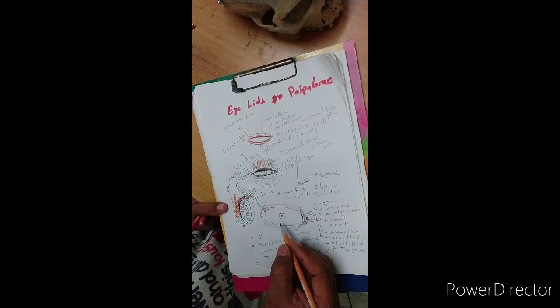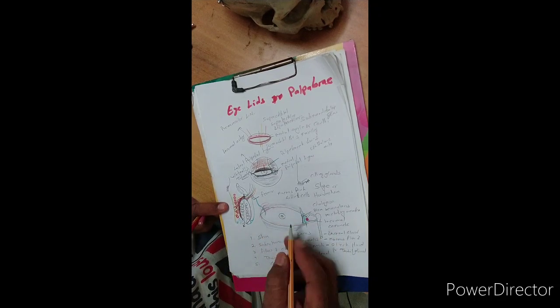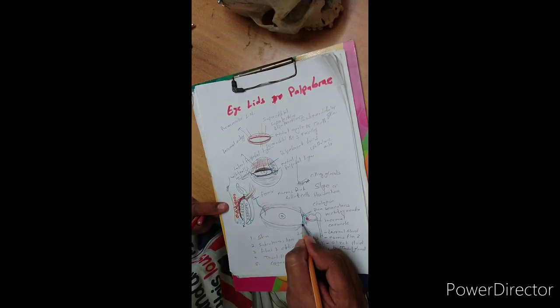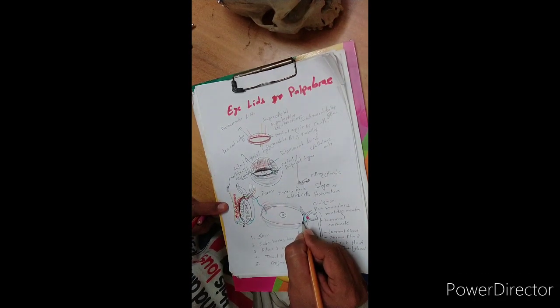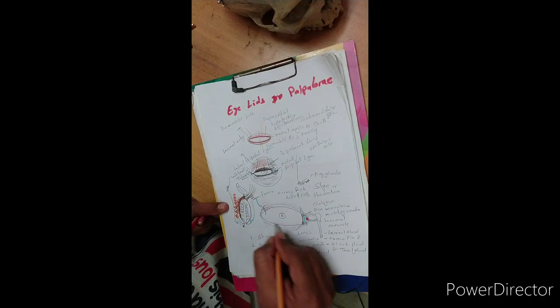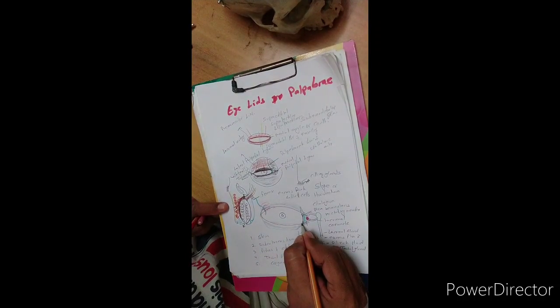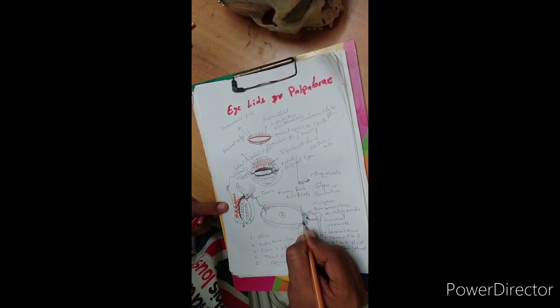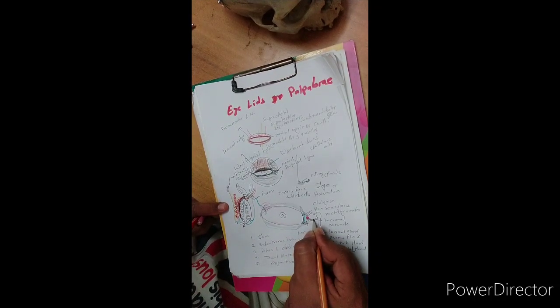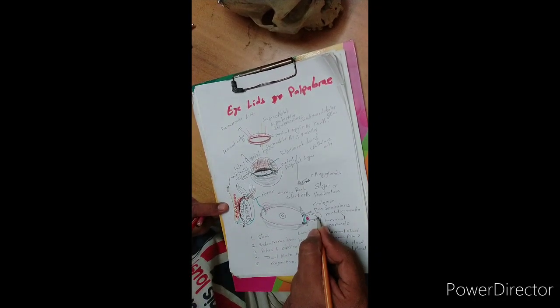And now blinking of the eye. When blinking occurs, the fluid passes into the lacrimal punctum. I told you that at the junction of the lateral 5/6 and medial 1/6 of the lid margin there is a lacrimal punctum, and this gives us the lacrimal canaliculus, which opens into the nasolacrimal sac.